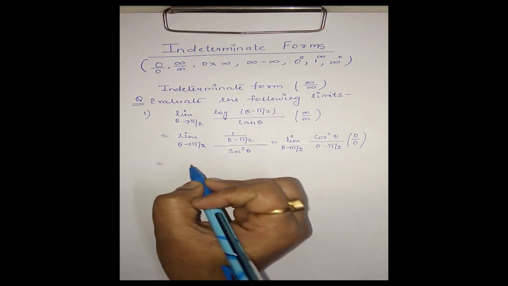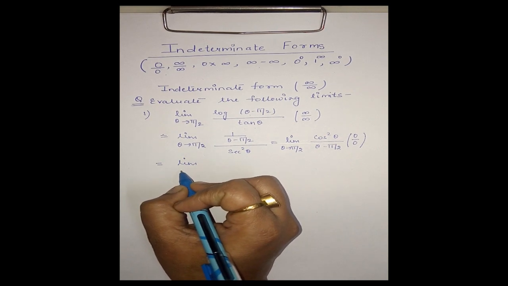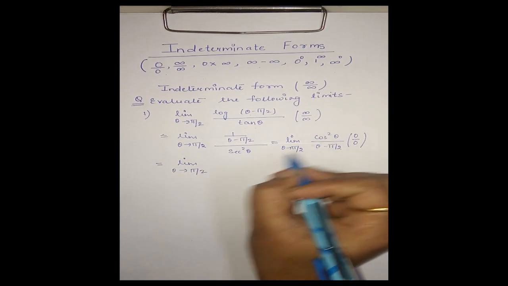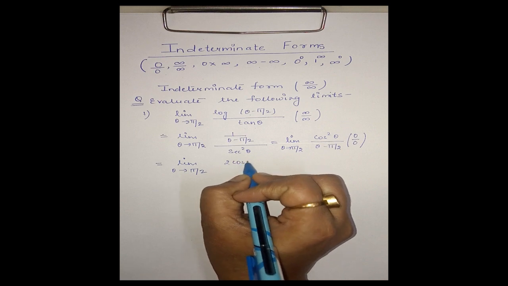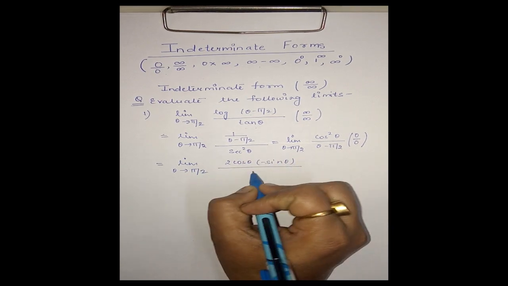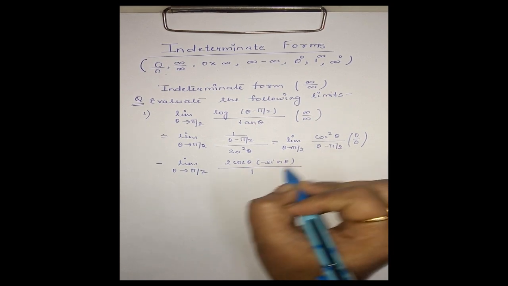Therefore next we will again apply L'Hopital rule, differentiating numerator and denominator separately with respect to theta. This will be 2 cos theta into minus sin theta divided by 1. Derivative of theta with respect to theta is 1.